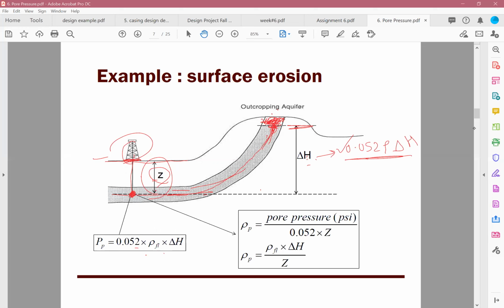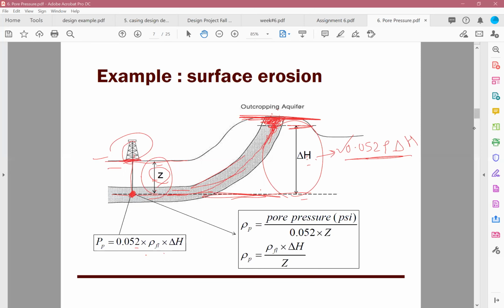So that's another cause of abnormal formation pressure. So you think it's abnormal. It's not really abnormal because this formation is connected to some higher altitude formation area, right? And they are all connected. So the actual formation pressure is this one.